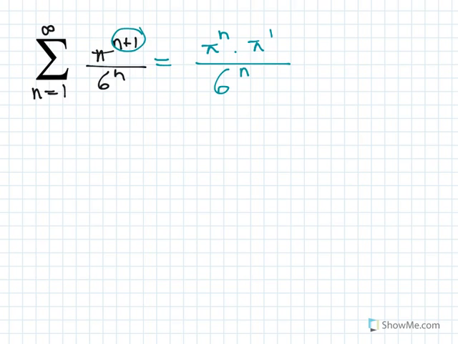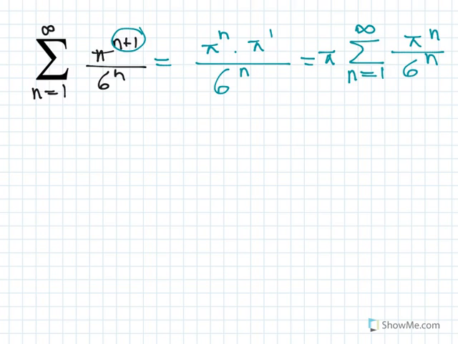Also, pi is a constant, so you can take it outside, and then you write the function again, the sum from n equals 1 to infinity of pi to the power n over 6 to the power n. But then again, you have two powers, two n's, that's not pretty.